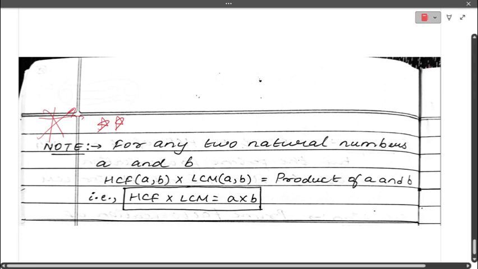For any two natural numbers A and B, HCF of A and B into LCM of A and B is equal to the product of A and B. HCF into LCM is equal to A into B. So hopefully the concept is clear for all of you.